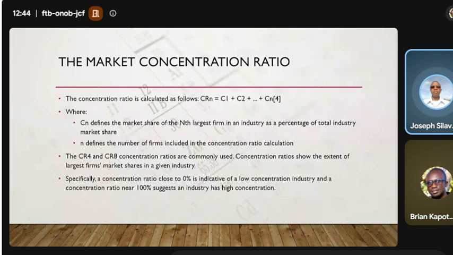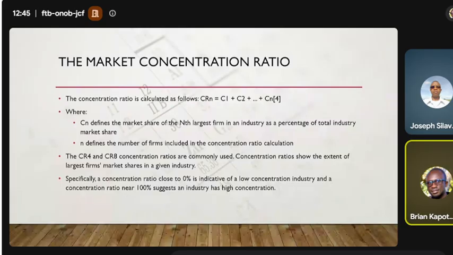You square them and you add them up. But with the market concentration ratio, you don't square, but you just add according to the number of firms you have been specified to account for. Thank you.